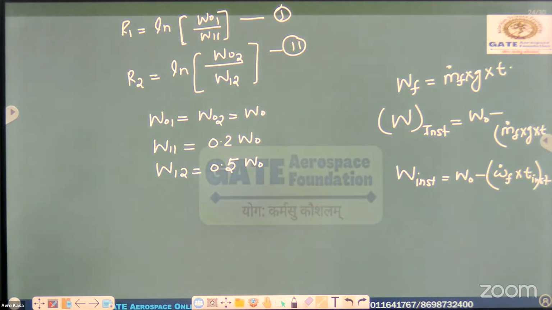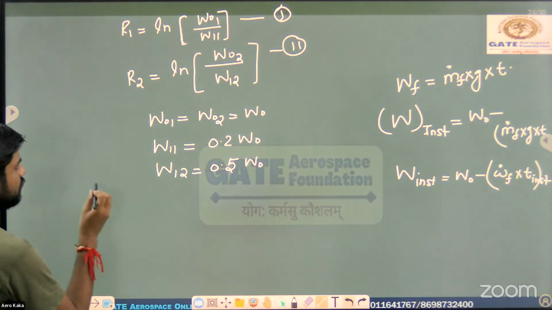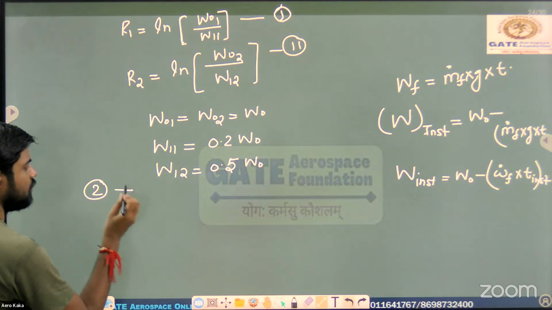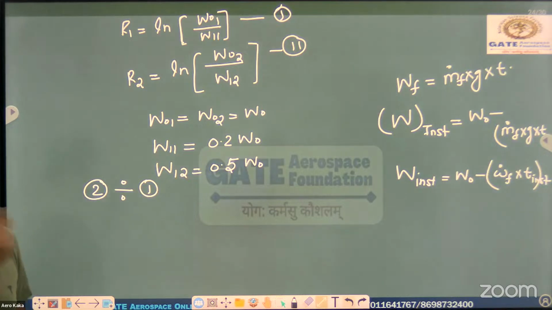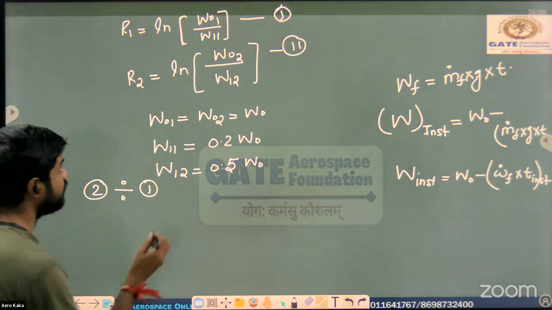Okay, check. So take the ratio, let's say equation 2 divided by equation number 1. निकाल दे कितना आएगा यहाँ से? So what you can write?